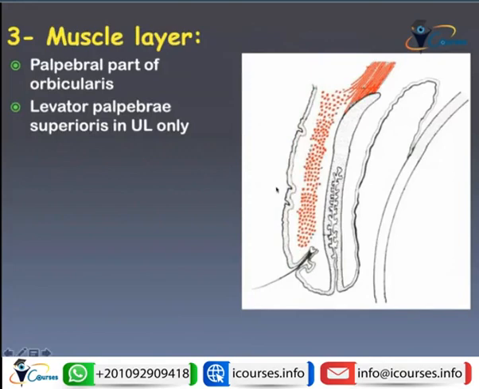The muscle layer will be the palpebral part of the orbicularis oculi muscle. As it's present in the lid, it will be the palpebral part of the orbicularis oculi, and attached to the upper border of the tarsus there will be the levator muscle, the levator palpebrae superioris.